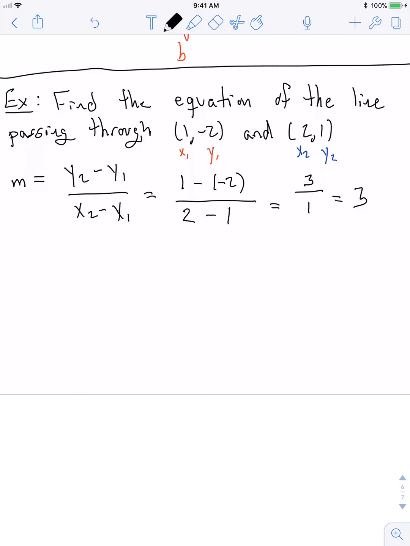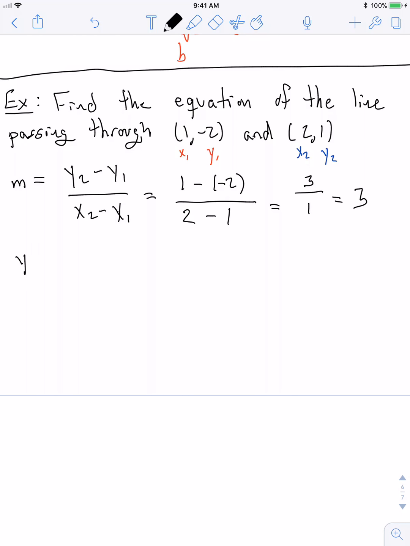So now we have the slope, and the last step is to find the y-intercept. Now we can either use the formula that we had above and just plug it in to see what b is going to be, or we can take it one step further back and use this y minus y1 divided by x minus x1 is equal to m formula, and see how it plays out.